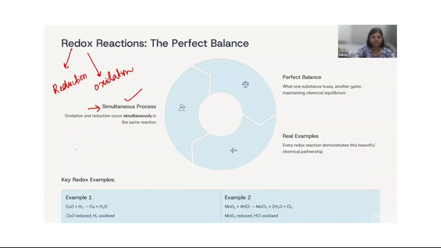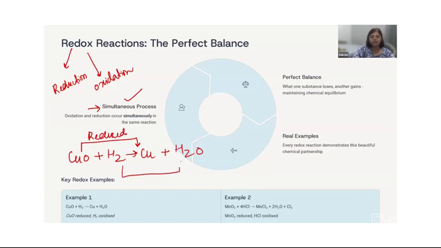Let us understand with certain examples. We have copper oxide plus hydrogen, which we already studied, giving copper plus water. Copper is getting reduced, as we are losing an oxygen. Hydrogen is getting oxidized. So here oxidation and reduction are happening simultaneously. We call it a redox reaction.